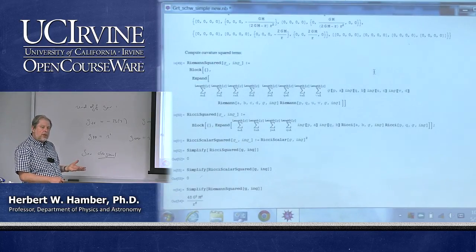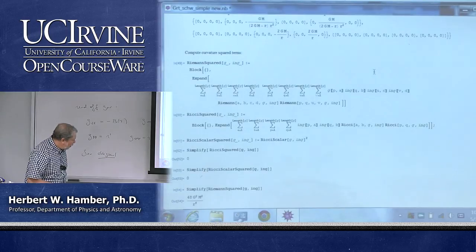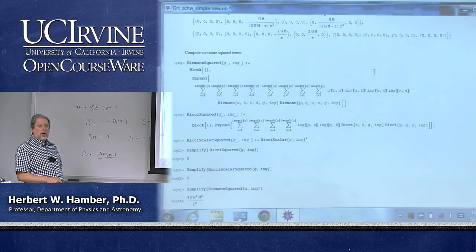Well, that is going to be 0 because the Ricci scalar itself is 0. The Ricci tensor, when you square it, that's also 0 because it was 0 to start with. But Riemann squared is not 0. So when you contract Riemann with itself, then, of course, that is not 0, and it goes like 1 over r to the 6th. So there is, in fact, a singularity at the origin, which is not unexpected because we have a point source there.